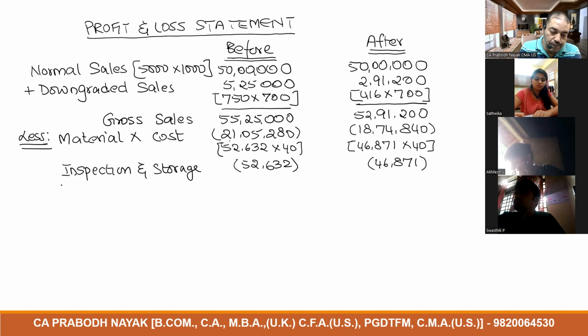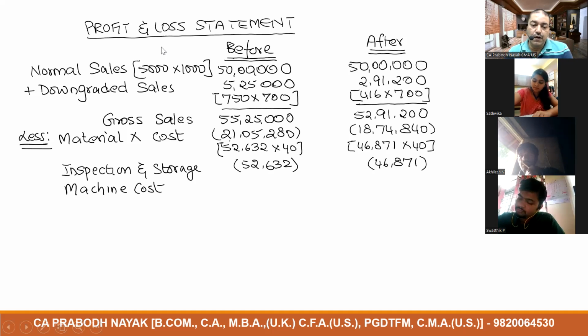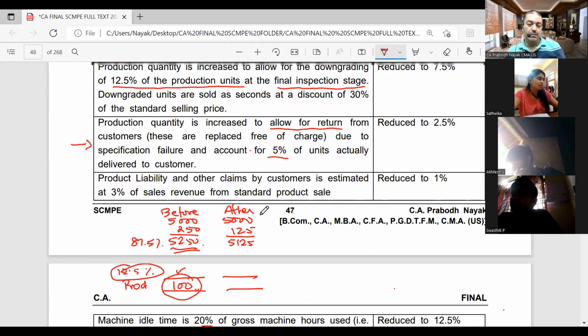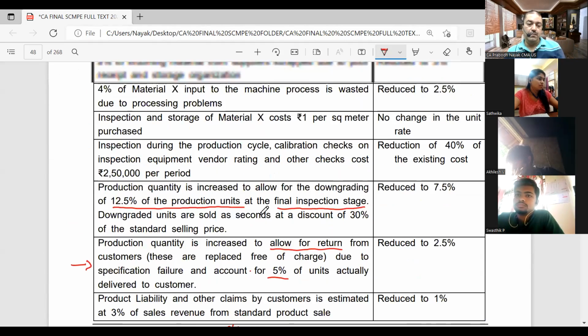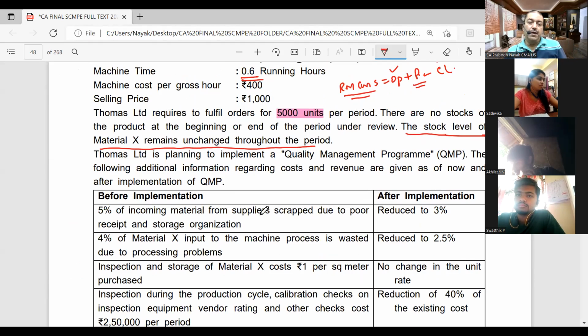Machine cost. What have they said about machine cost? Per gross hour, 400 rupees.